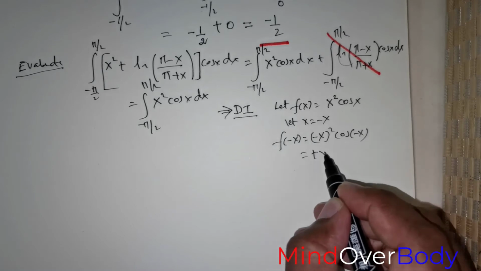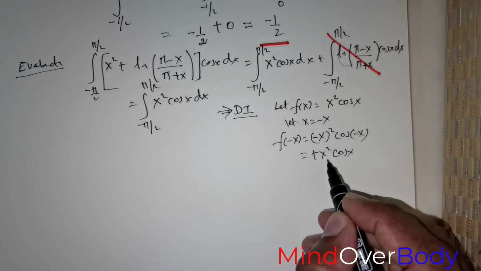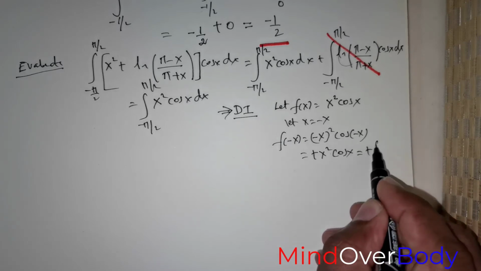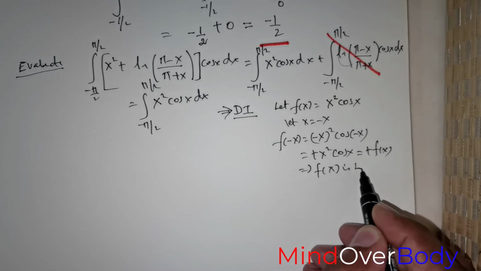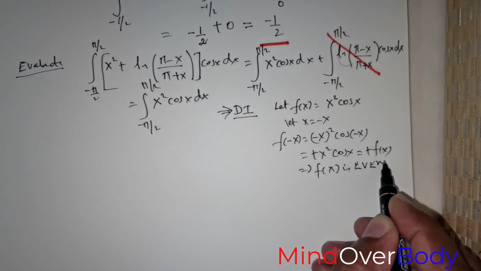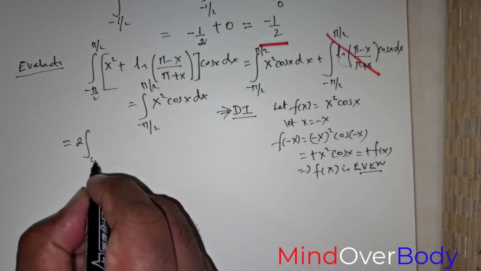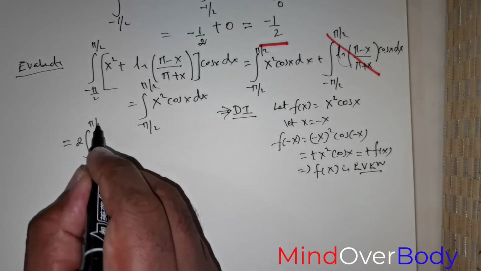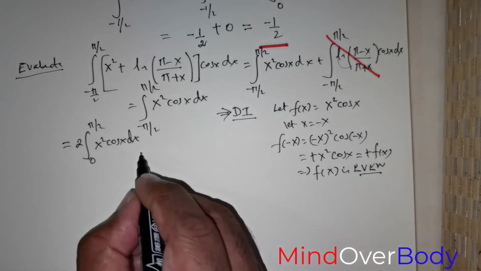This gives positive x squared, and positive cos x, and clearly this is nothing but positive f of x. So this means the given f of x is an even function. Because it is even, I can rewrite this as 2 times the integral from 0 to pi over 2 of x squared times cos x. So now we will apply the DI method.